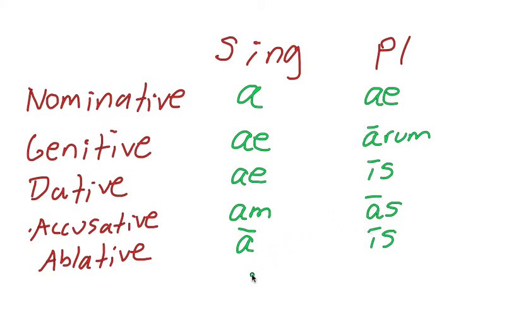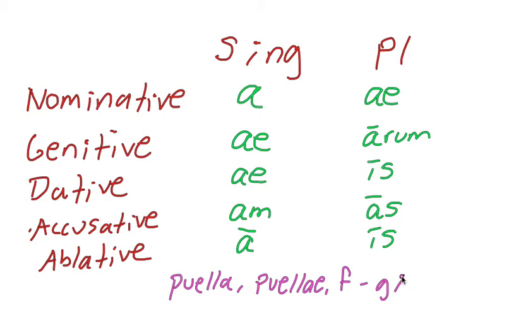Now, in order to decline a noun, we give a particular noun with all of its endings attached to it. For the sake of an example, let us use the noun puella. I'm going to give puella's vocabulary entry: puella, puellae, feminine, girl. Every noun that we've learned in our chapter, we learn this way in the vocabulary.